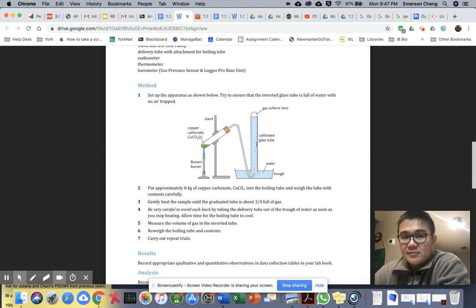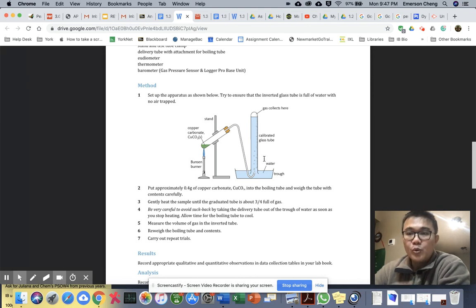Also, we are assuming that this gas is not necessarily CO2. This is just plain air.